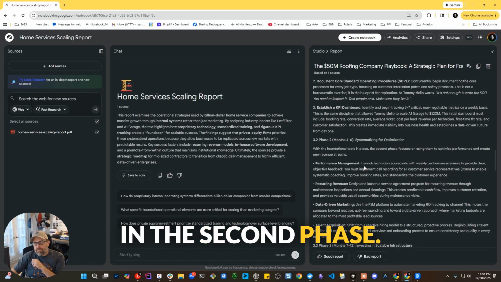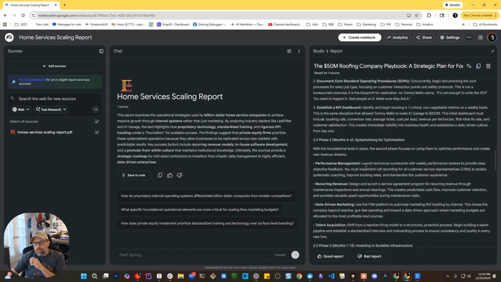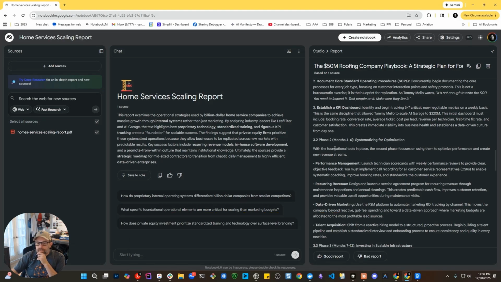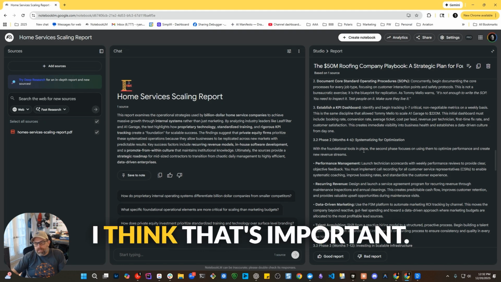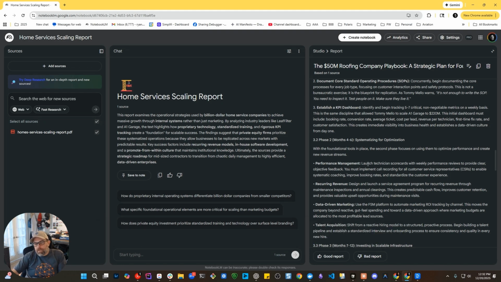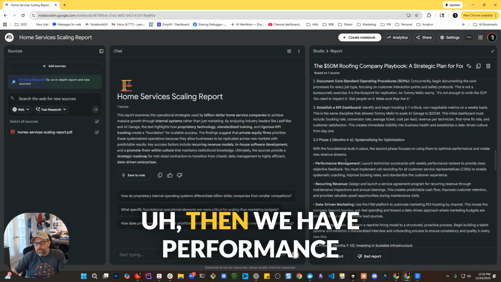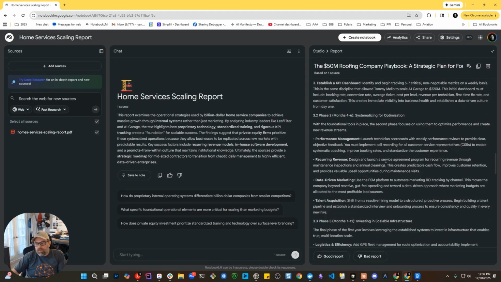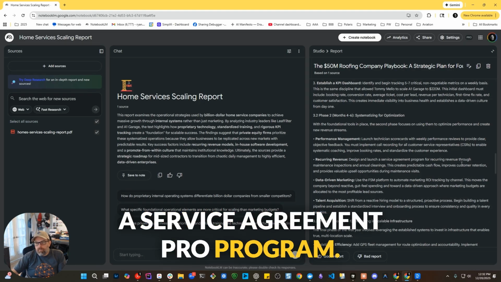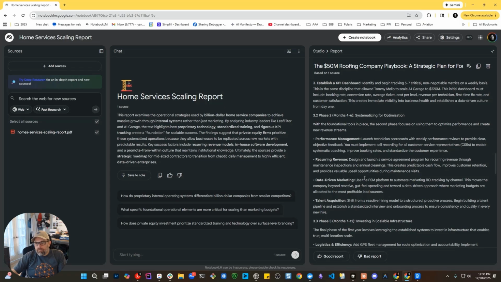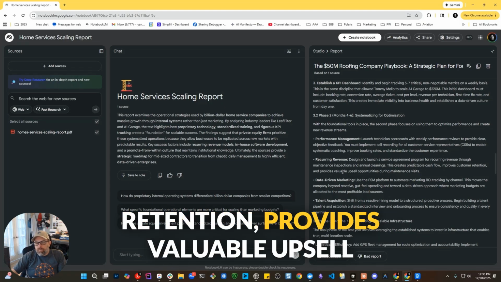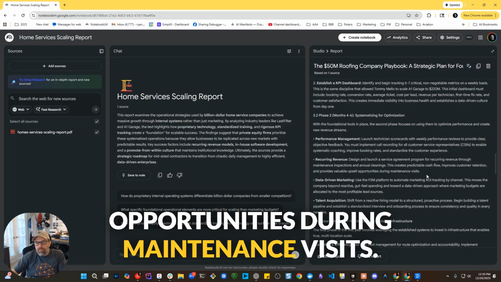In the second phase, systematizing for optimization. So you have to have the foundational tools in place. I think that's important. Then we have performance management, recurring revenue, a service agreement program. Predictable cash flow, improves customer retention, provides valuable upsell opportunities during maintenance visits.